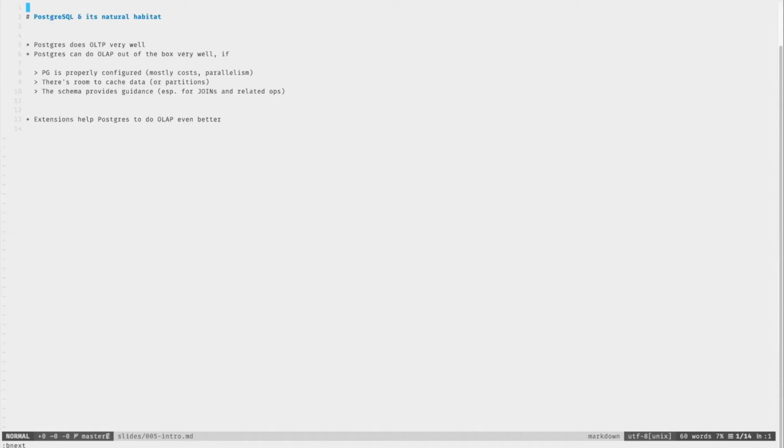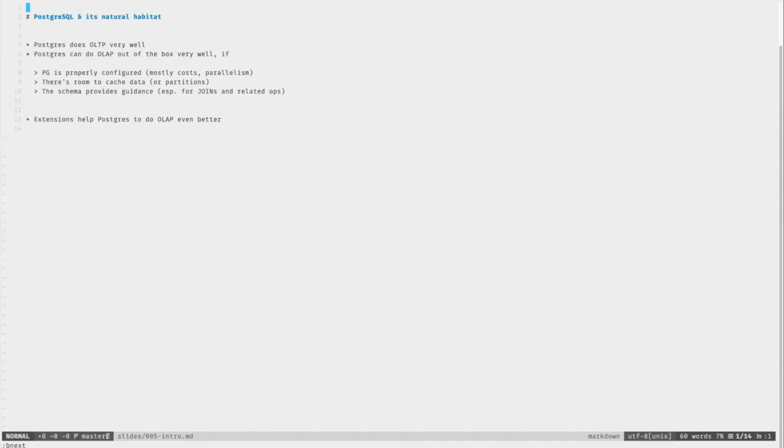We at Swarm know this very well. We also know that the OLTP functionality is really great, robust and fast. But at the same time we see some shortcomings when it comes to OLAP.